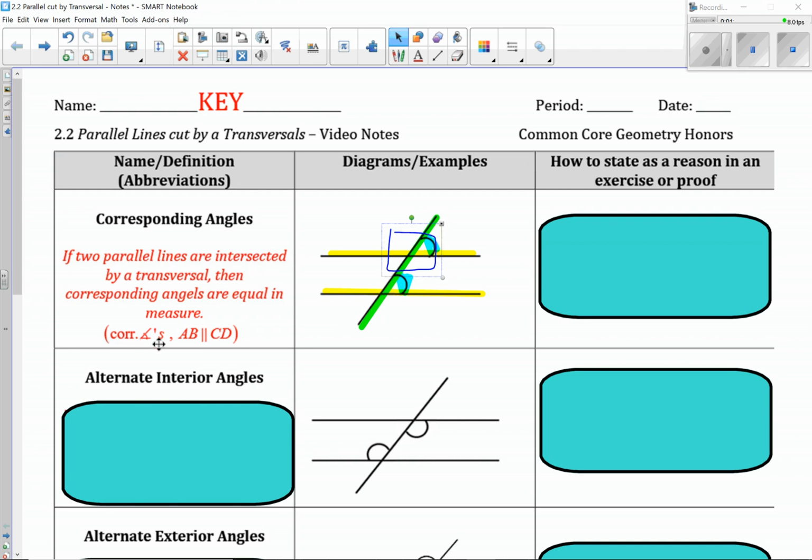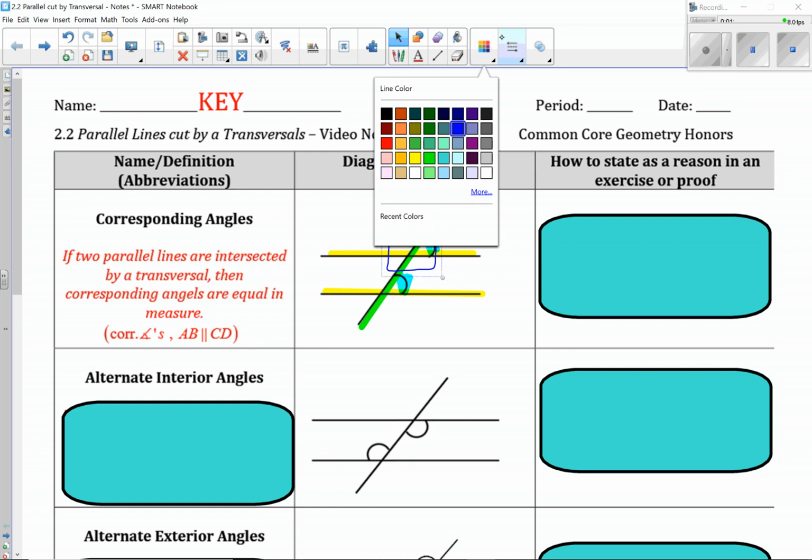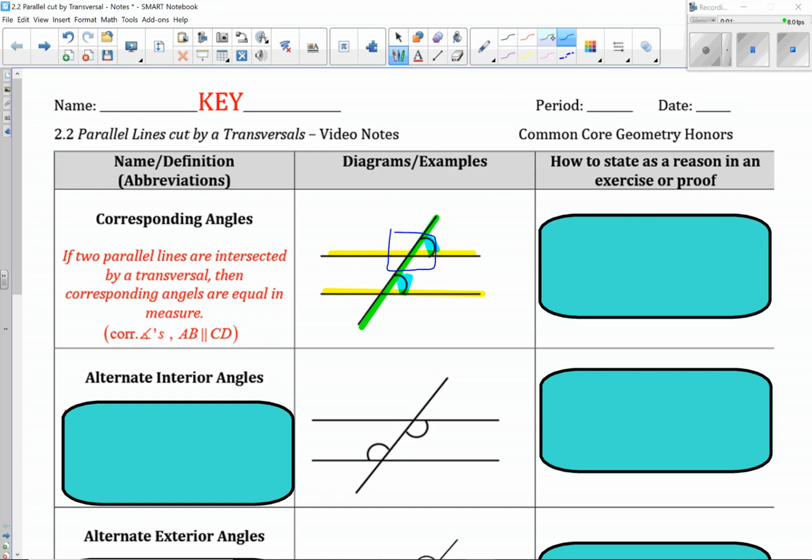All right, so you have a couple things to notice here. Again, just like video 1, here's the angle symbol. And this one right here is called the parallel line symbol. That's the symbol for parallel. That's good to know if you don't know that. Again, just like before, we're going to talk about proofs and other things.